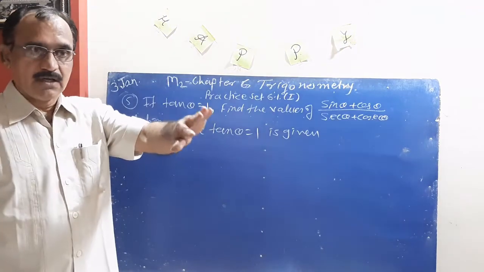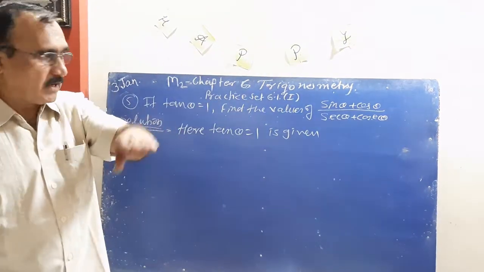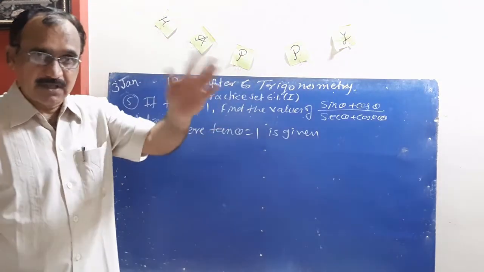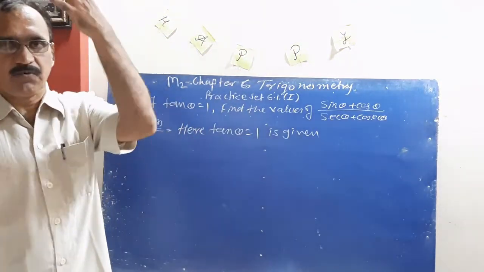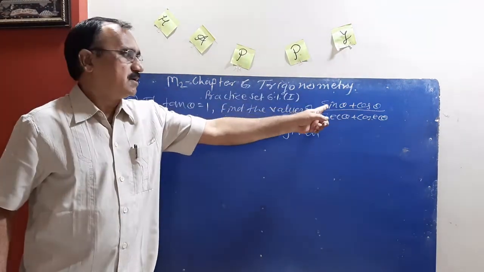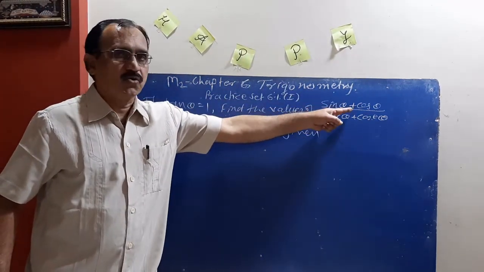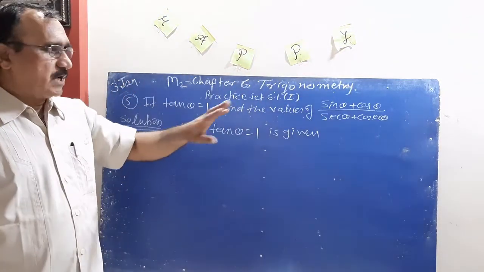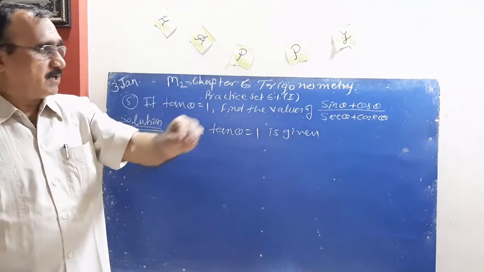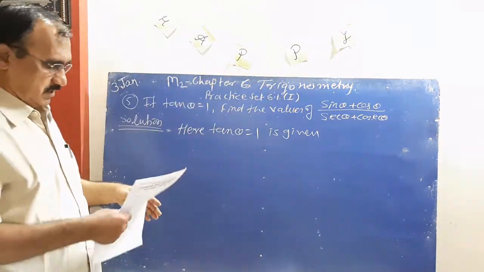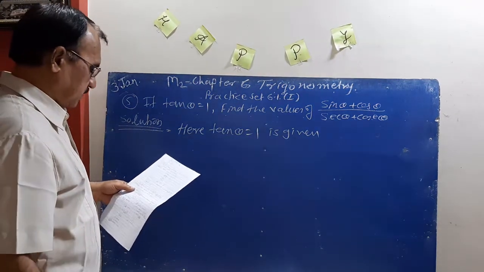If tan 45 is equal to 1 and tan theta is equal to 1 is already given, if we compare these two equations, theta is equal to 45. And if we substitute the value of theta, we get sin 45, cos 45, sec 45, cosec 45. You can write all the values from the table, add these values, and you will get your answer. It's very easy.